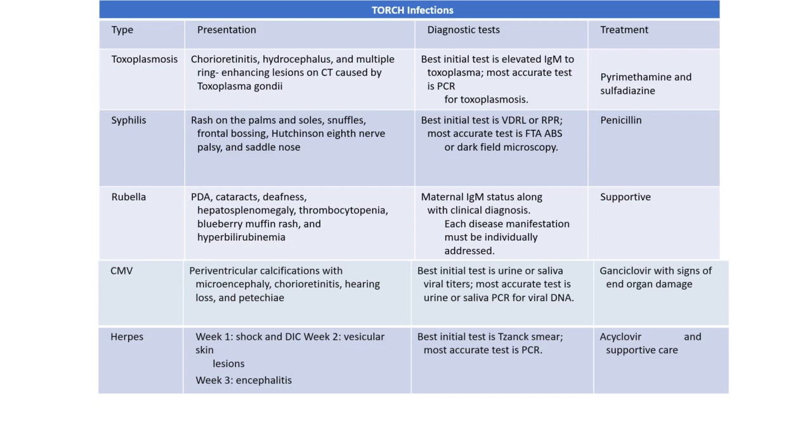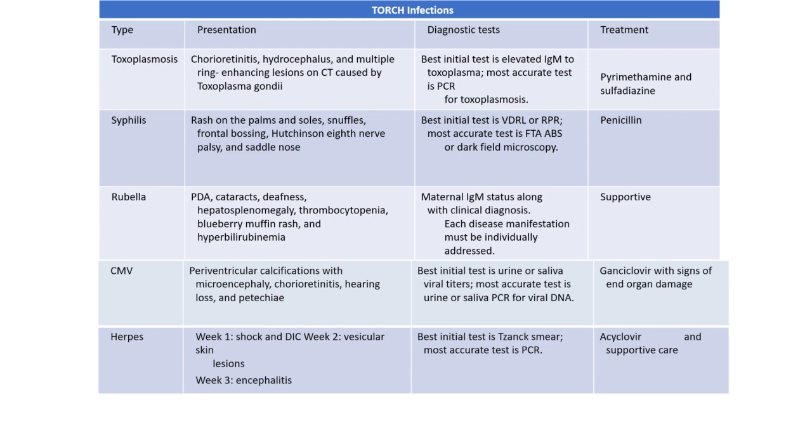The best initial test is urine and saliva viral titers. The most accurate test is urine and saliva PCR or viral DNA. The treatment is with ganciclovir when there are signs of end organ damage.